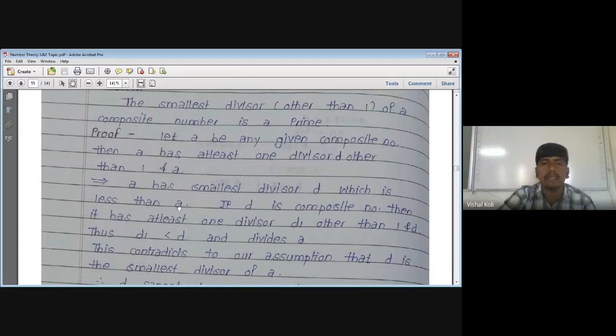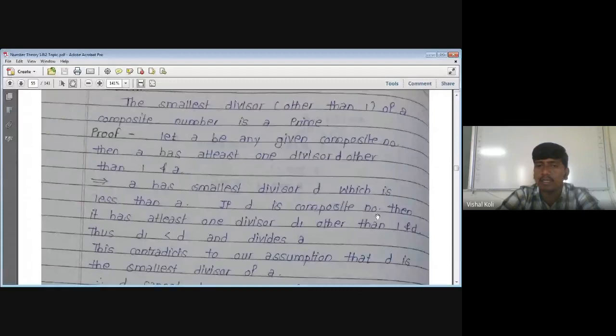Here we consider D as the smallest divisor of A. Now we have to prove that this D is a prime number. The statement is that the smallest divisor of a composite number is prime. That is, if D is the smallest divisor, then D must be prime. If possible, suppose that D is a composite number.